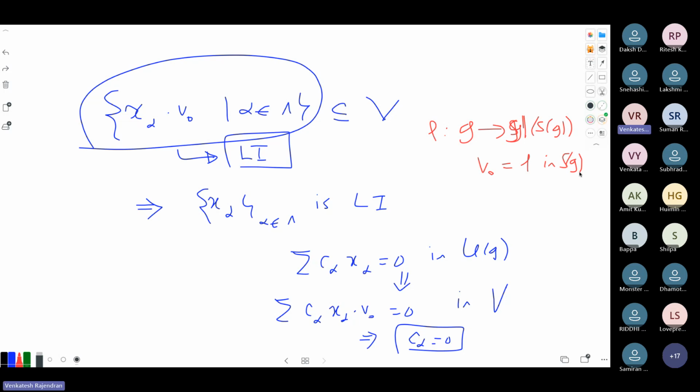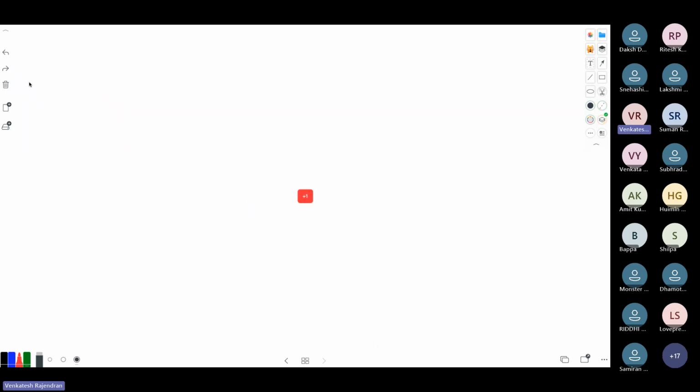Okay, if you write down explicitly the meaning of G acting on GL of SG, you expect it to act naturally, no? You take xi, and xi should act on the basis of SG via left multiplication. That is what you expect, but it is not quite left multiplication.